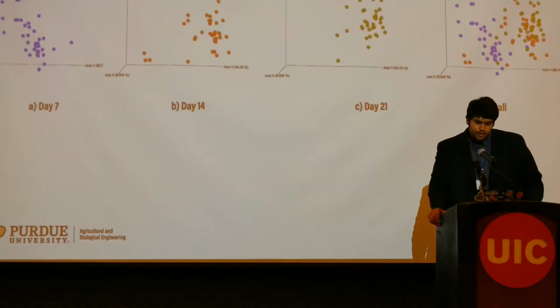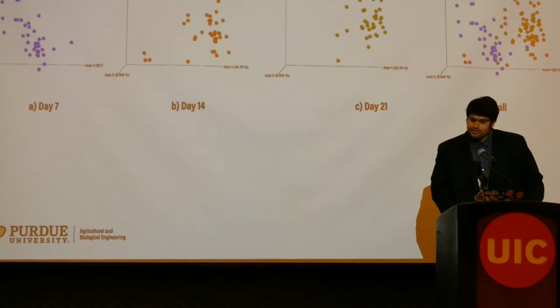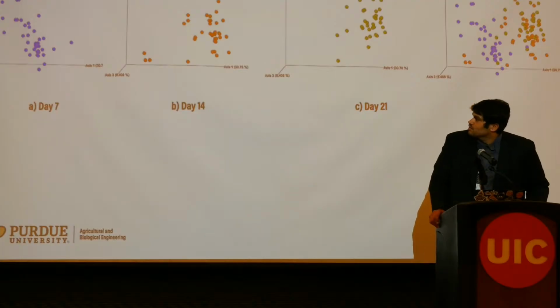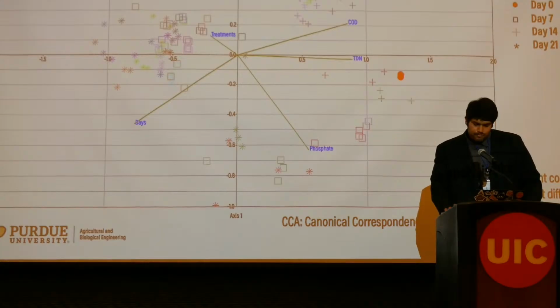Chemical analysis was also performed, and we observed a shift in the community from day 7 to day 14. This corresponded to the sudden degradation of chemical oxygen demand at day 7 and day 14 respectively.